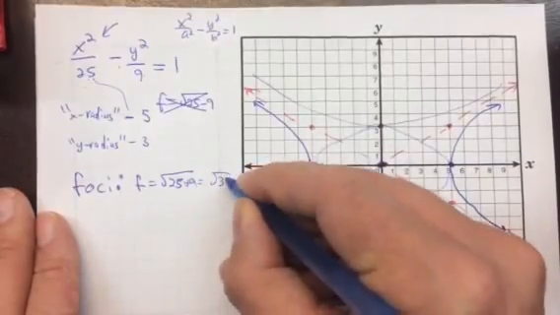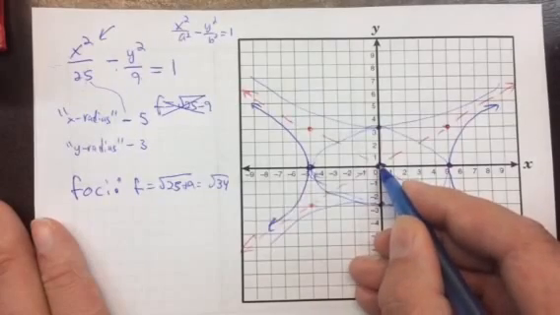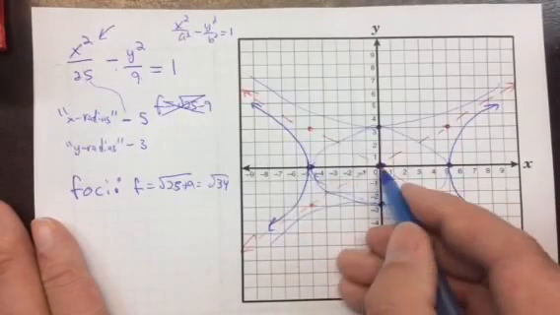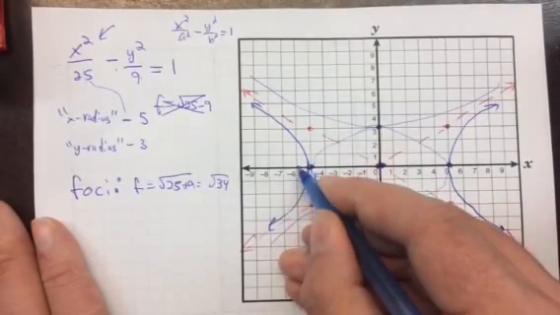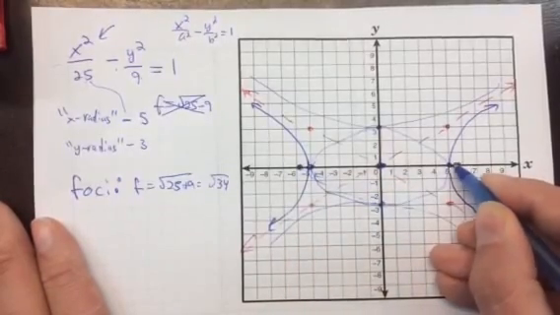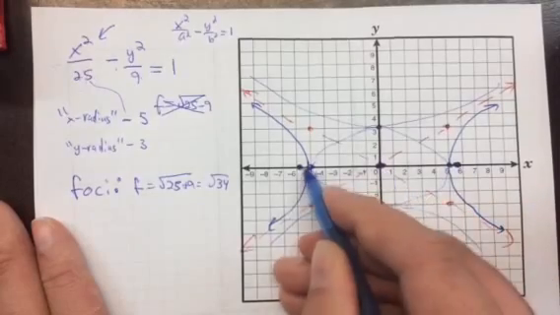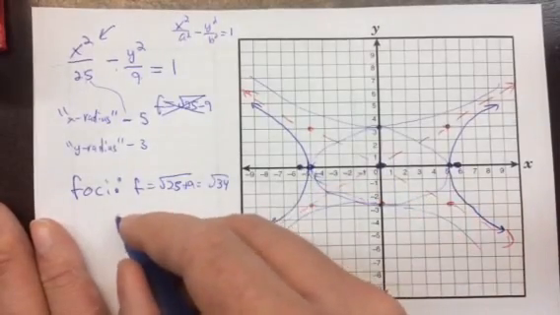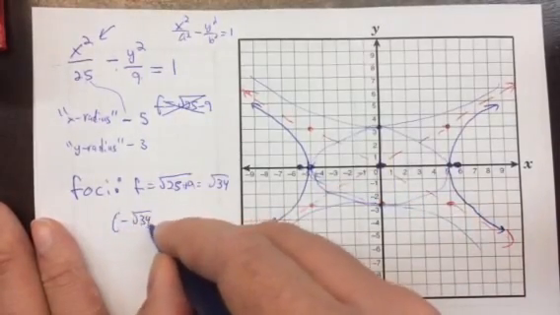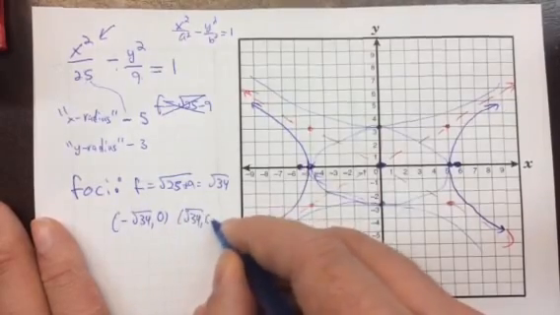So the square root of 34, which is just a little bit less than 6. That is the distance from the center along the transverse axis. So it's going to be right here, just inside of the hyperbola on each side. This is where the square root of 34 is. So square root of 34 away, square root of 34 away. The foci are negative square root of 34, 0, and positive square root of 34, comma 0.